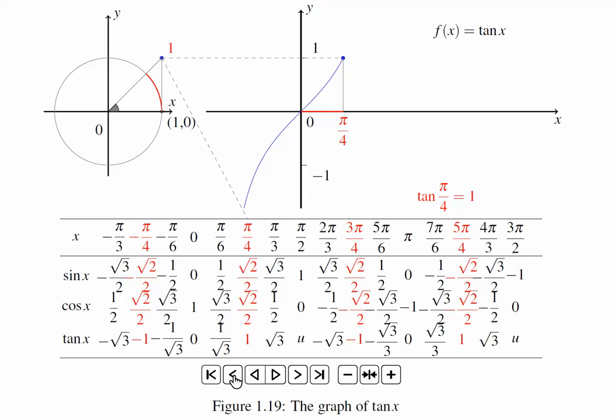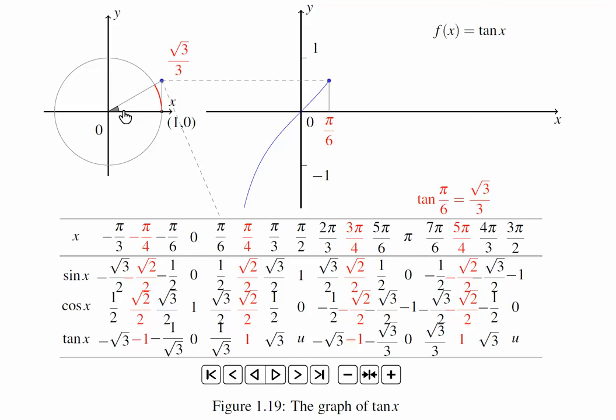Keep going back one more frame, and you will see this angle is 30 degrees, where x is pi over 6. Pi is 180 divided by 6 is 30.